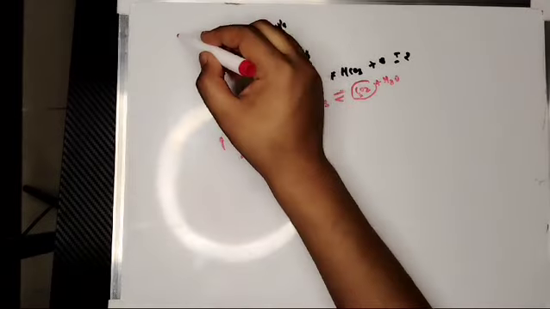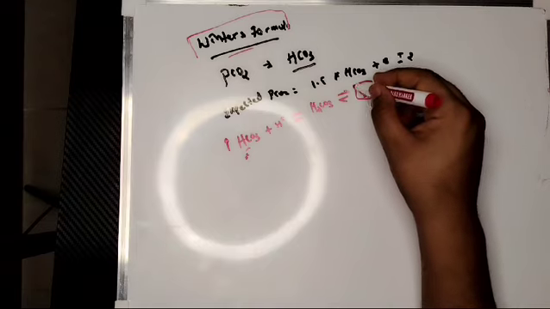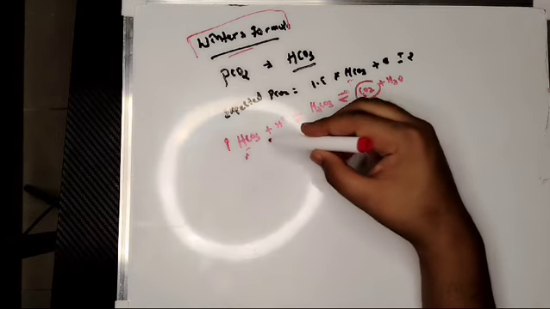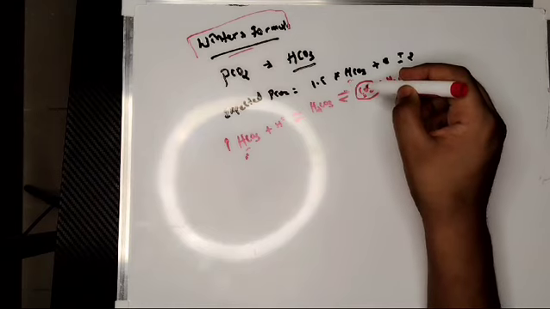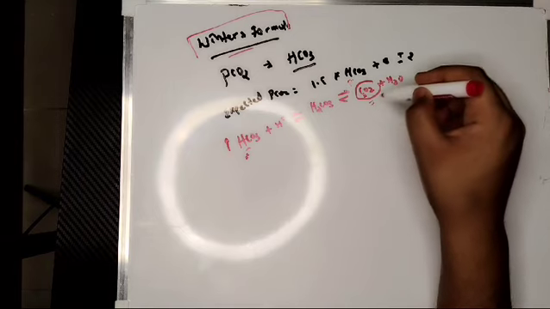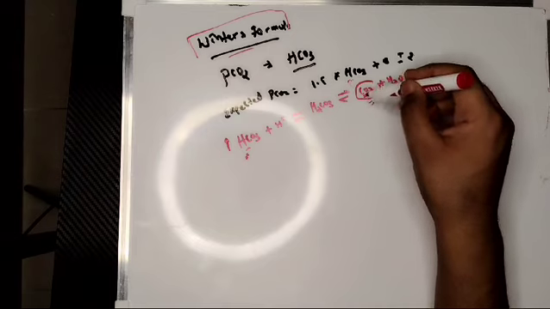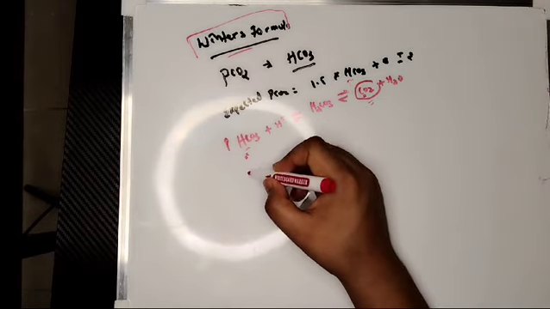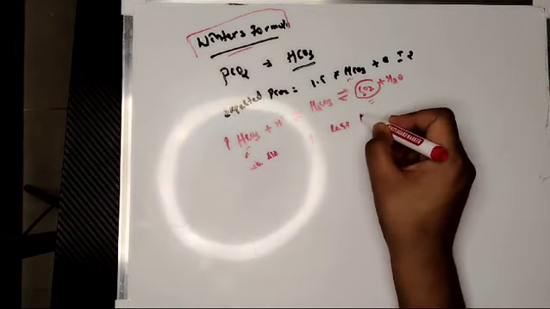So what we are looking through this equation, which is called the Winter's equation, is to see if this increase in carbon dioxide is for the purpose of compensation of metabolic acidosis or alkalosis, or is it an independent factor other than this equation, in which the carbon dioxide level increases, and we have a mixed acid-base disorder where we have metabolic alkalosis plus respiratory acidosis.